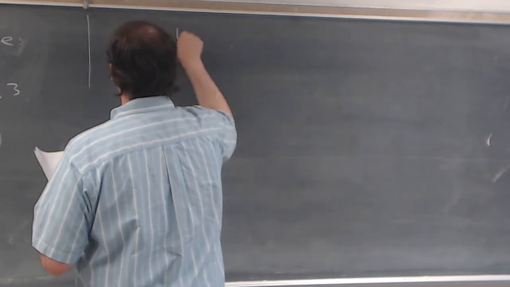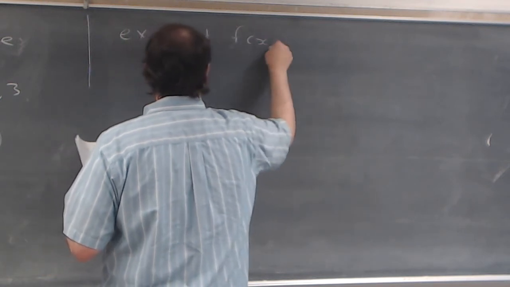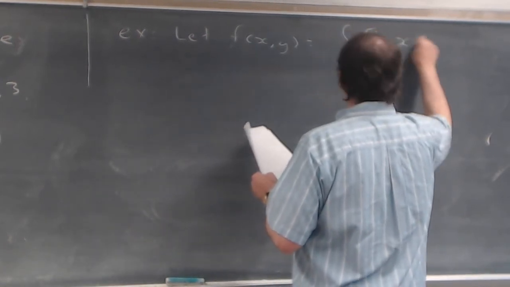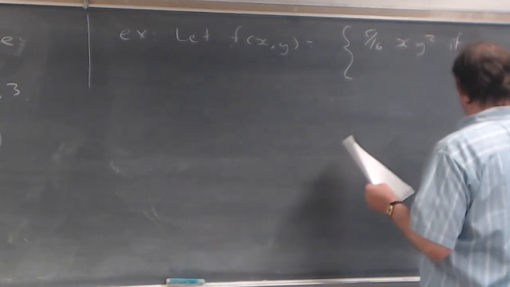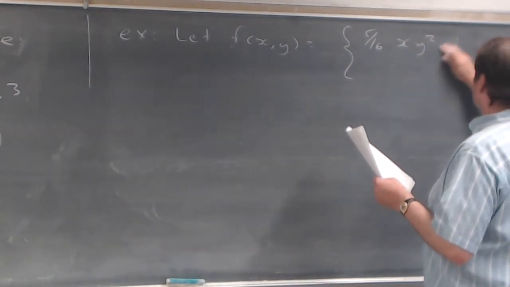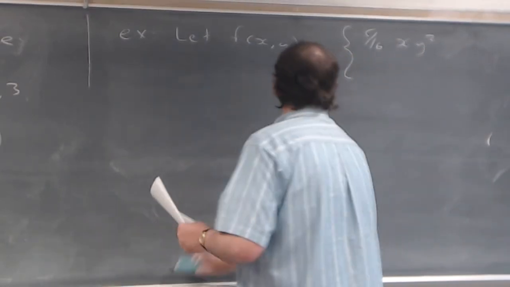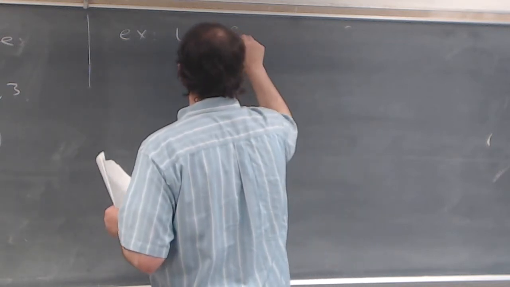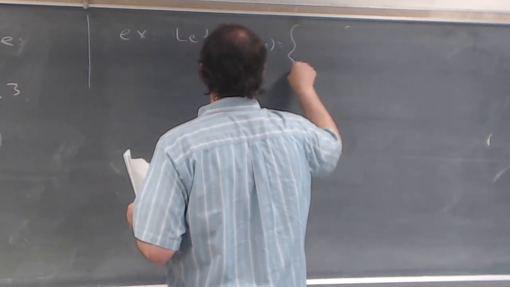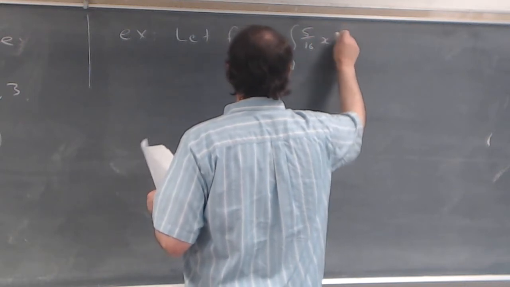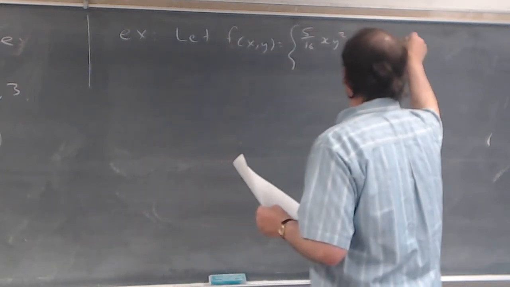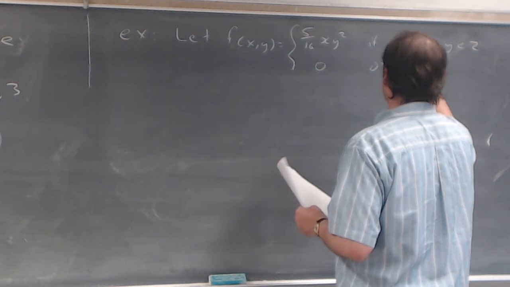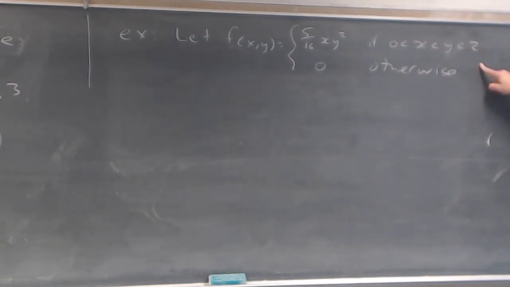So here we'll let f of x comma y be equal to 5/16 x y squared if 0 is less than x is less than y is less than 2, and 0 otherwise. See that?